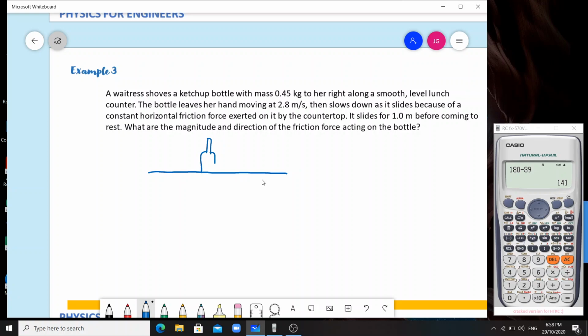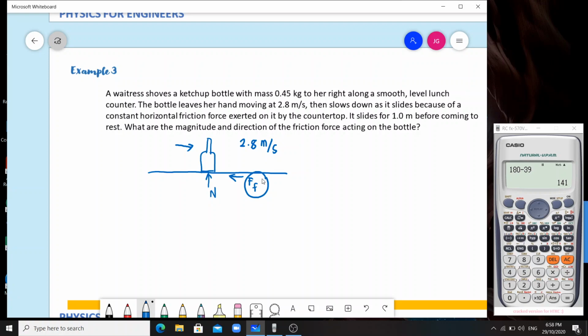Okay, so for example, ito si bottle ng ketchup. So normally, meron siyang normal force, okay? At saka frictional force, 'di ba? Kung tinulak siya or inaccelerate siya na paganyan, okay, sabi niya at constant velocity na 2.8 meters per second, dahil daw sa frictional force, nag-decelerate siya.